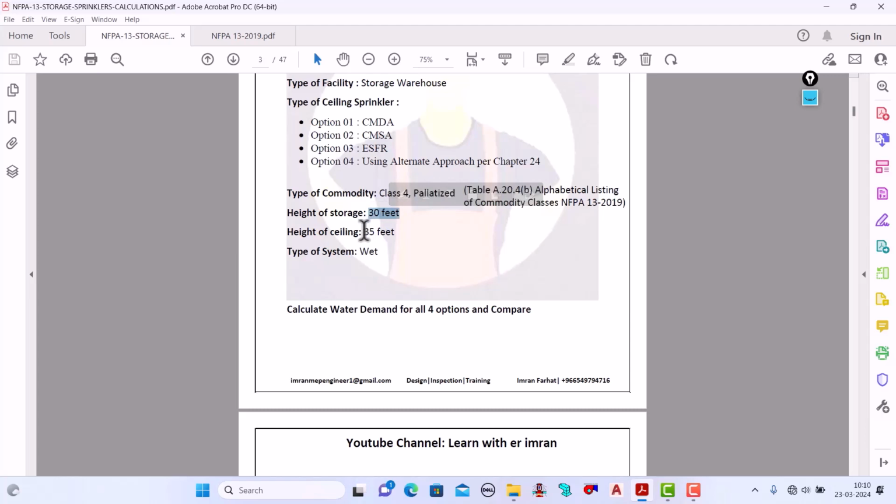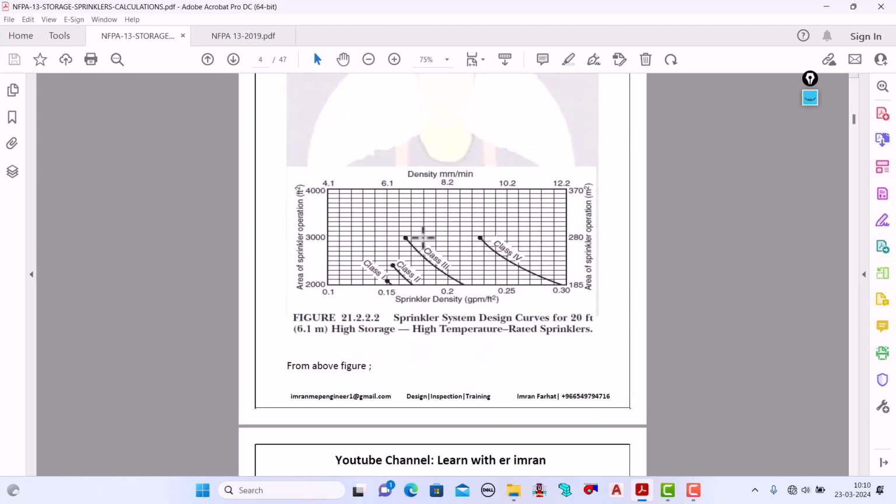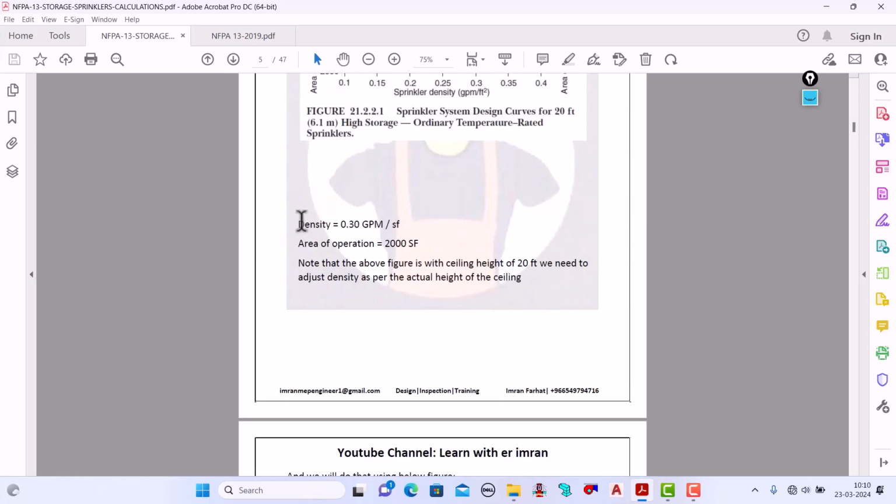And ceiling height is 35 feet. So we have to adjust this graph according to our heights, because this graph is made only taking the reference of 20 feet. See here, density we already selected, 0.30, and area of operation is 2000 square feet.